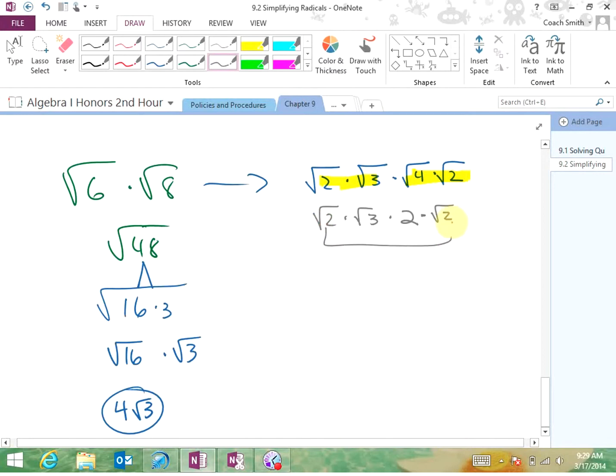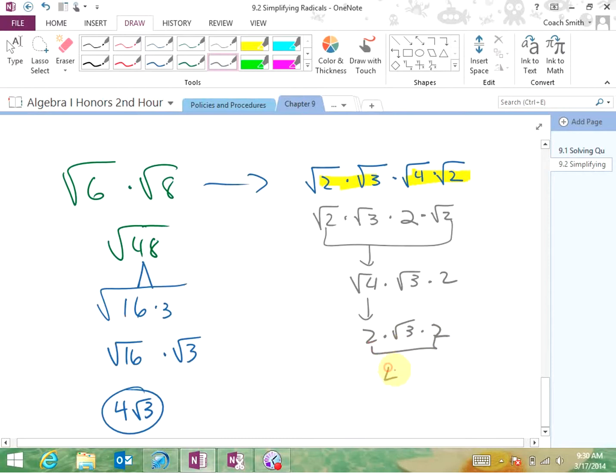Well, these two go together. They're the same thing, which is the square root of 4 times the square root of 3 times 2. Square root of 4 is what? Square root of 4 is 2 times the square root of 3 times 2.